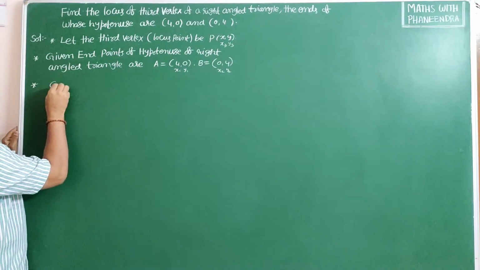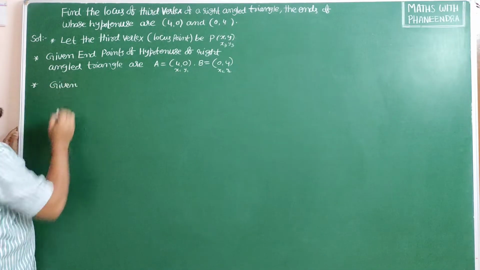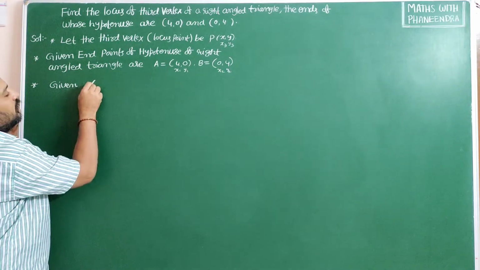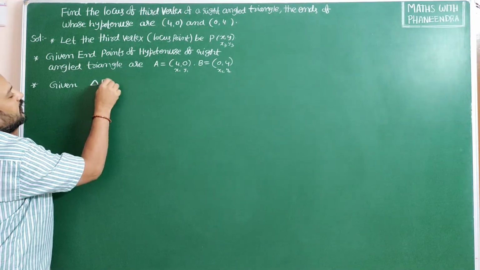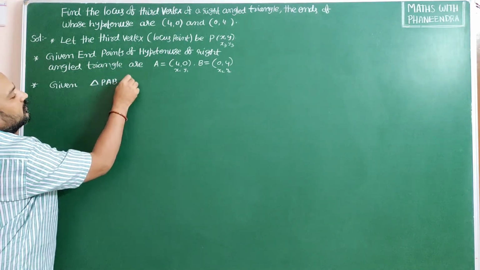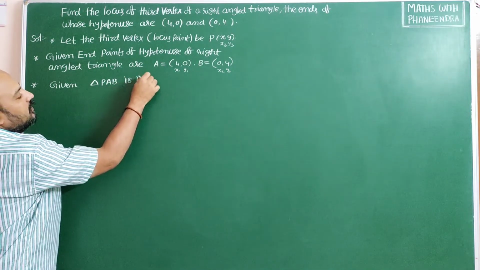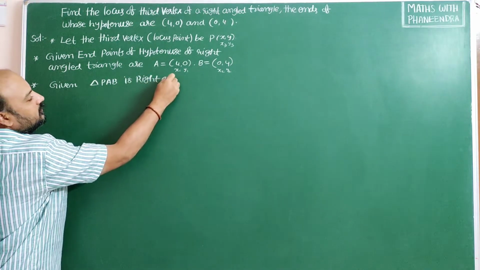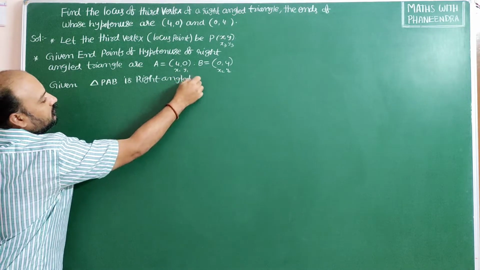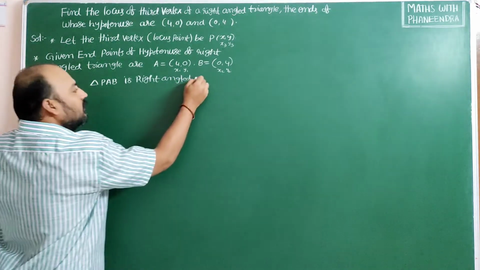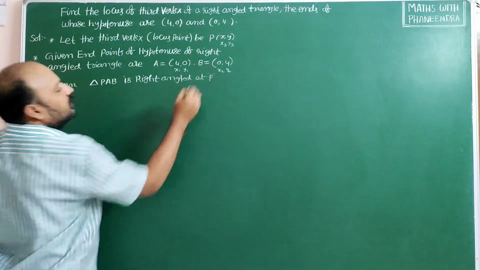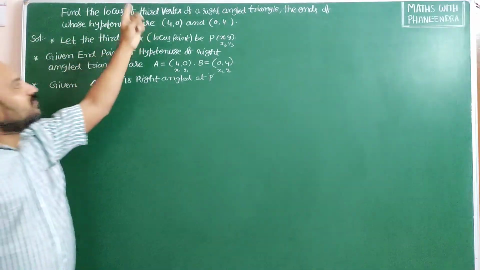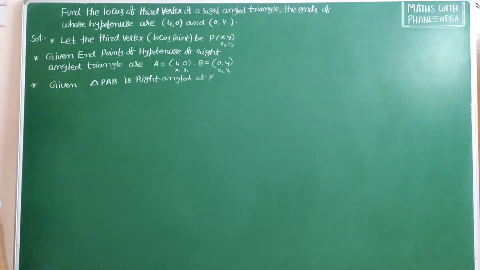Next, given triangle PAB is right angled at P. Nowhere is it mentioned that the right angle is at P, but we find the locus of the third vertex of the right angle triangle.